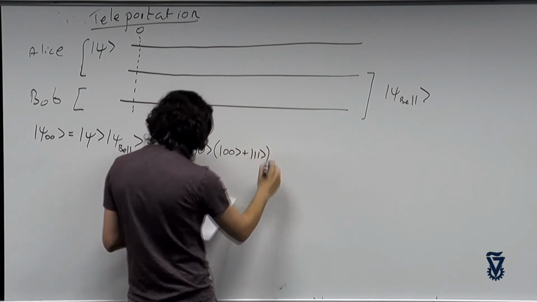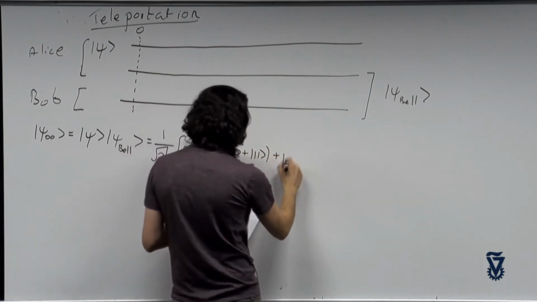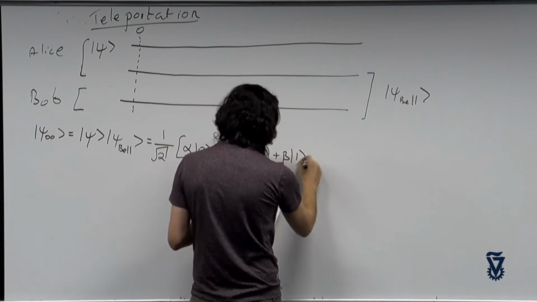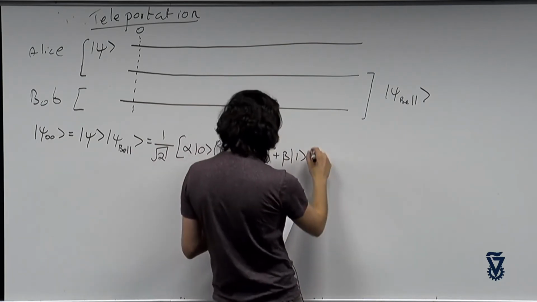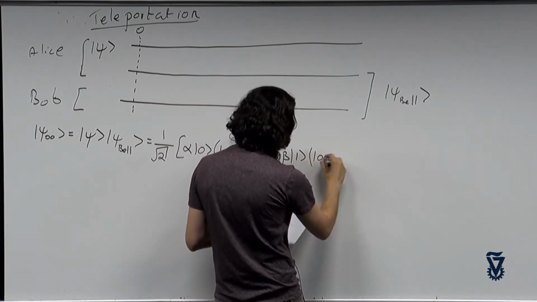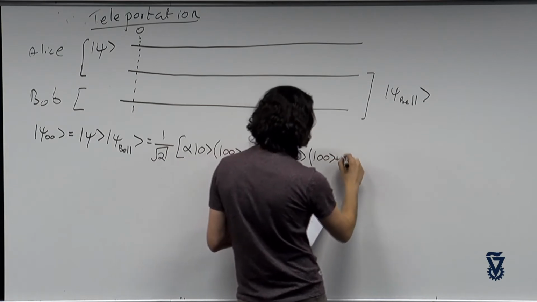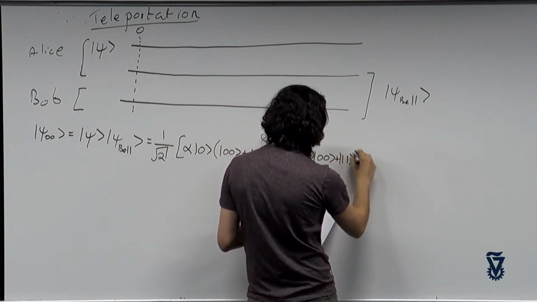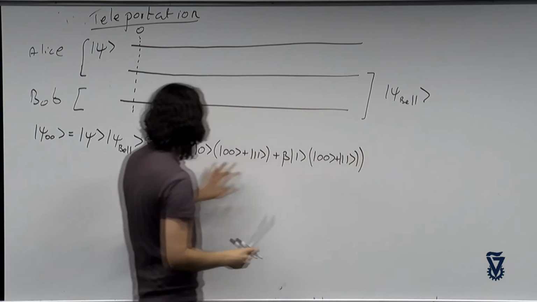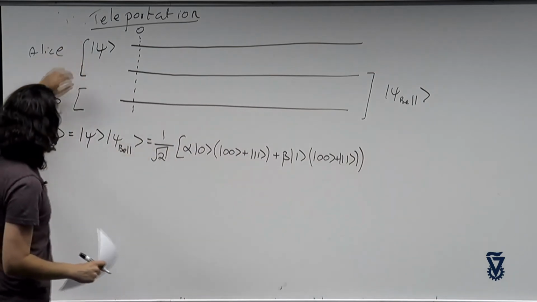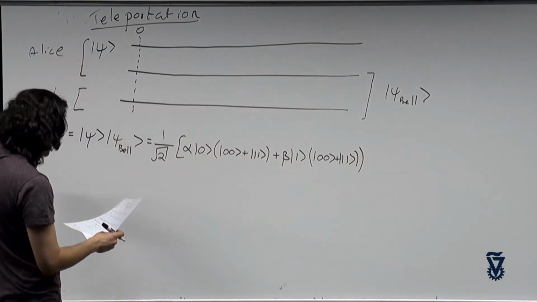This is our Bell pair, plus beta 1, (00 plus 11). So this is completely separable. We have this thing and this thing.